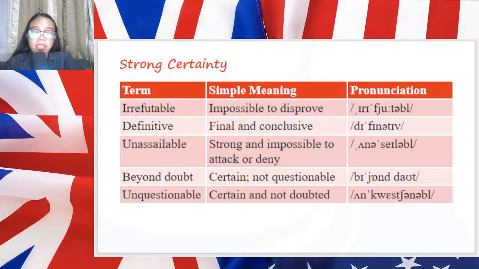So when we express strong certainty, we are communicating that something is completely true with no doubt whatsoever. These expressions are typically used in formal, academic, legal, or even scientific contexts where a speaker or writer wants to remove all uncertainty and establish a position as final, unchallengeable, or fully supported by evidence.